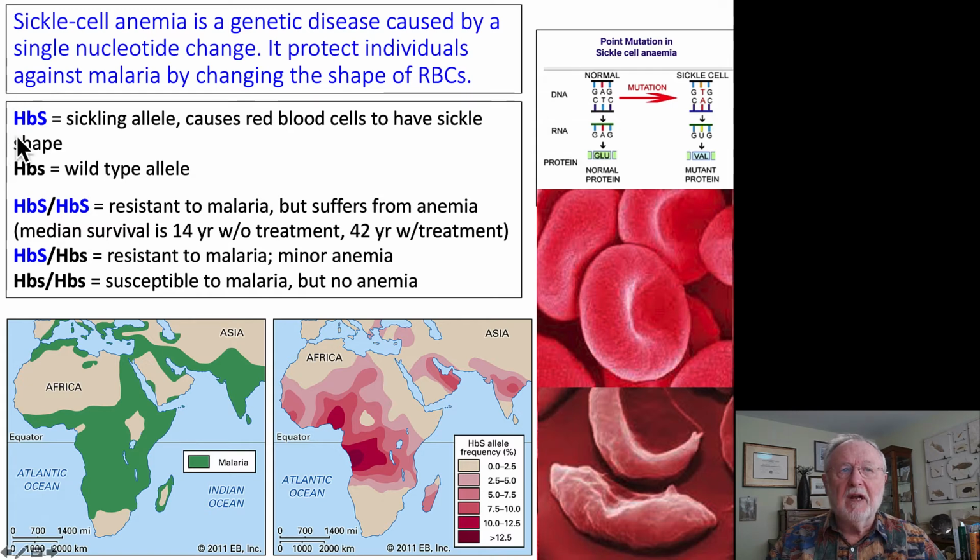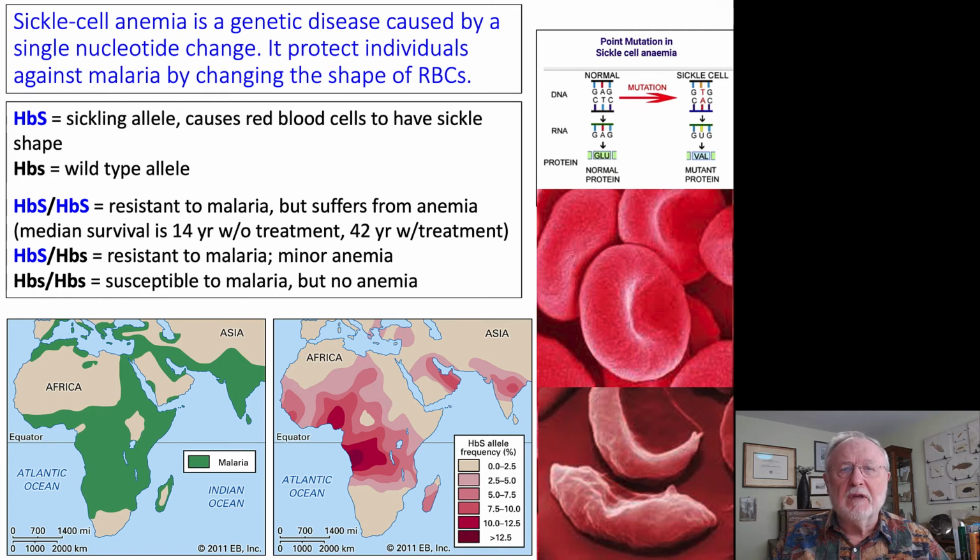So if you're HB big S, then you have the sickling allele, and it causes the red blood cells to have a sickle shape, and that ends up defending them against the Plasmodium. But if it's homozygous, we find that individuals are fully resistant to malaria, but there's a downside. These cells are more sticky, and that results in strokes. As they're more sticky, we also find that as people age, they get a lot more aches and pains.